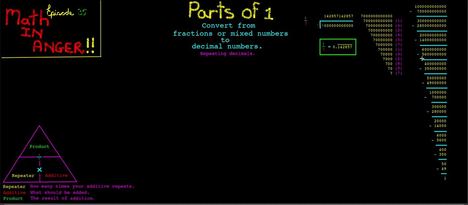Right, now take a look at the pattern here. The pattern isn't immediately visible when you're looking at the long division, but when you look at your result, the pattern becomes visible. 1 4 2 8 5 7, 1 4 2 8 5 7. And that pattern repeats forever, and this is how we write it: 0.142857 with a line above the complete sequence of digits that repeat.